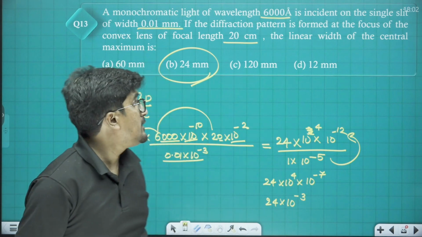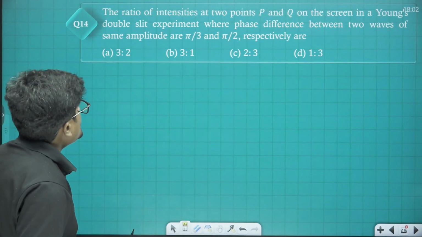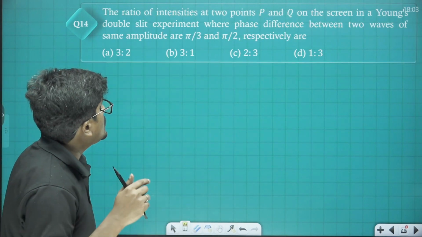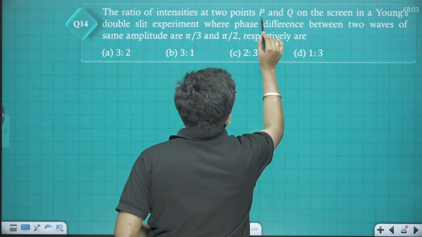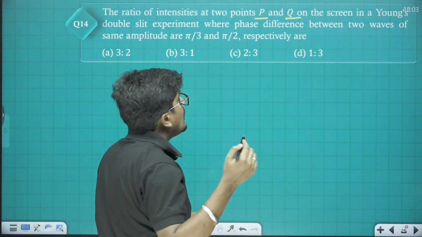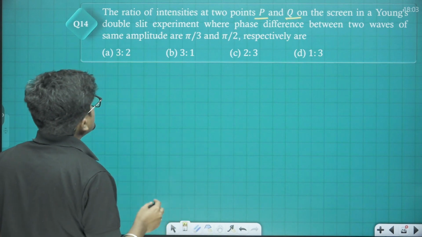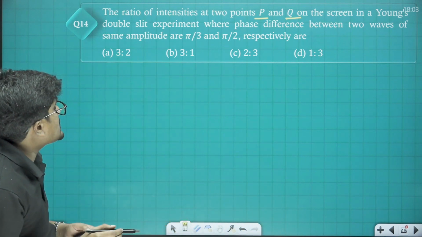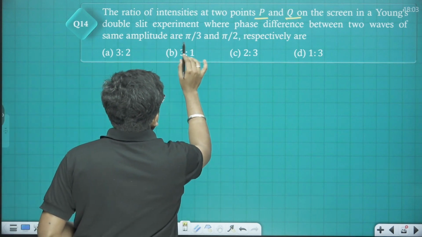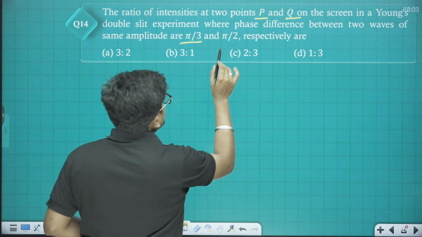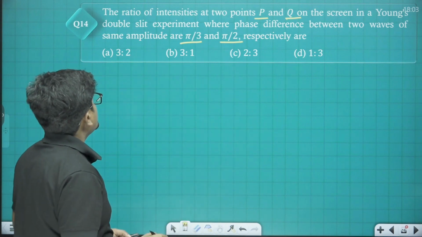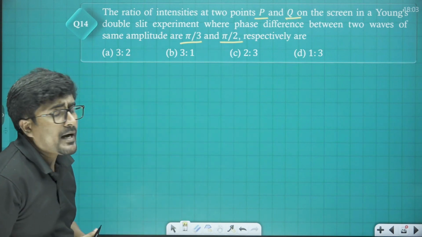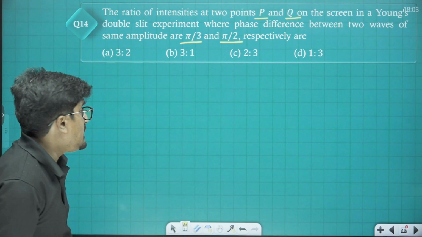Question number 14. The ratio of intensities at 2 points P and Q on the screen in Young's double-slit experiment, where the phase difference between the two waves of same amplitude are pi by 3 and pi by 2 respectively. Okay, so we need to identify the ratio of intensity.